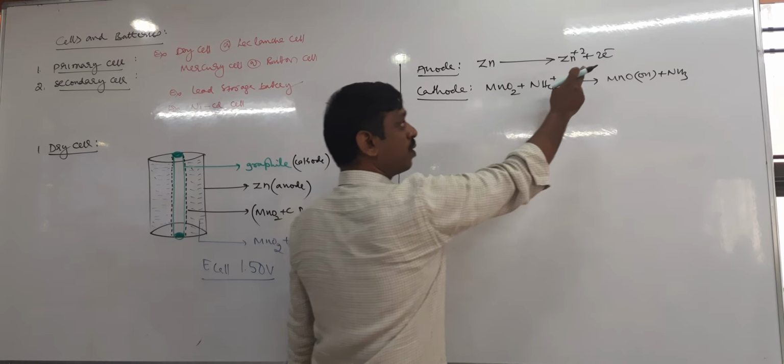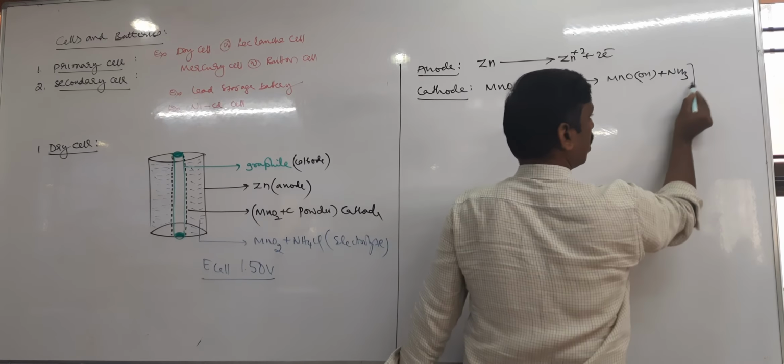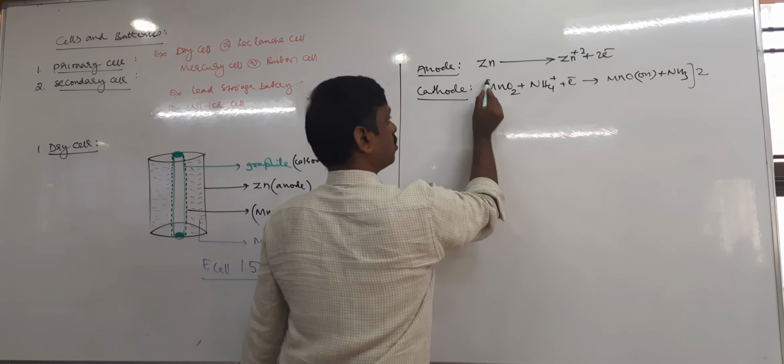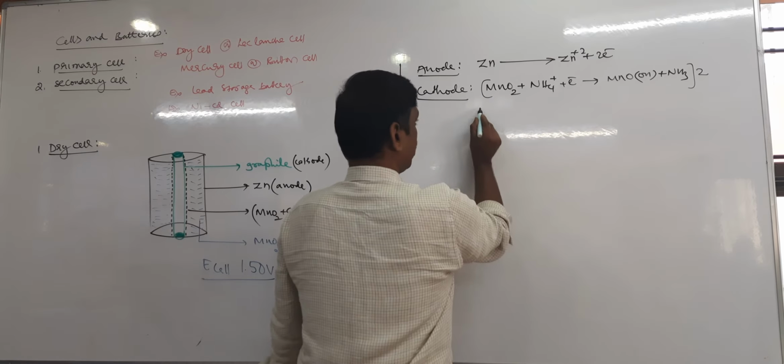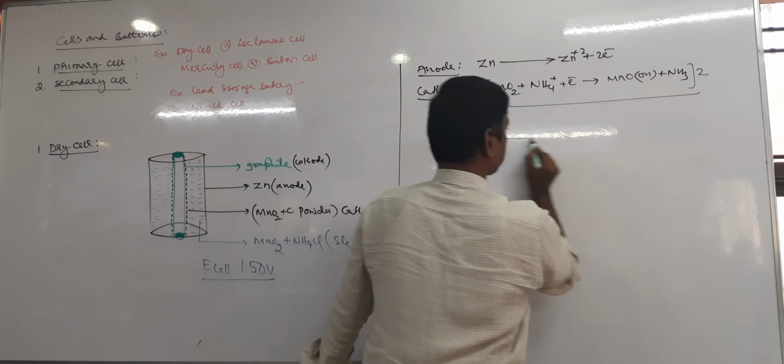But at the anode how many electrons are being released? 2. At the cathode 1 electron is involved, therefore multiply by 2. Therefore now what is the cell reaction?